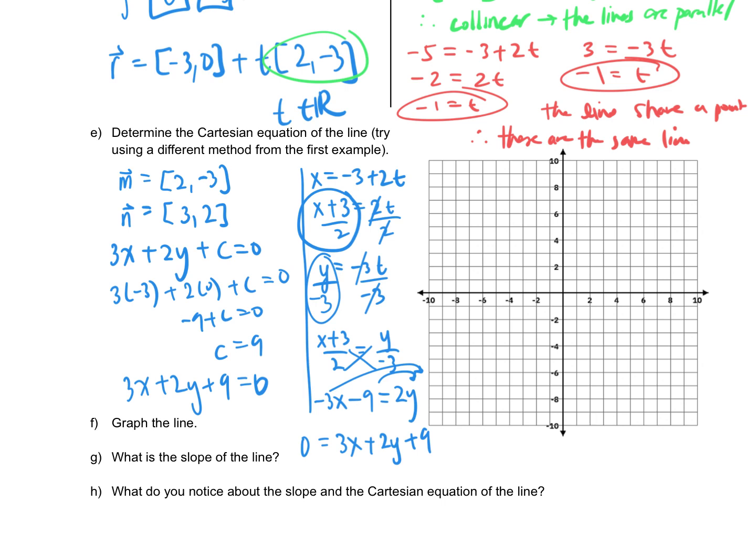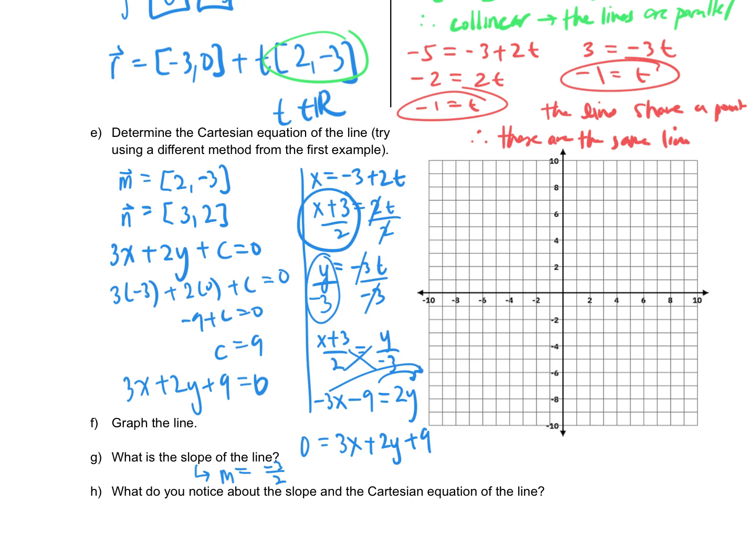All right. Now we can graph our line. And we can graph our line using our knowledge of slope and the y-intercept, because if we know our direction vector is 2 and negative 3, then the slope would be negative 3 over 2, y over x.